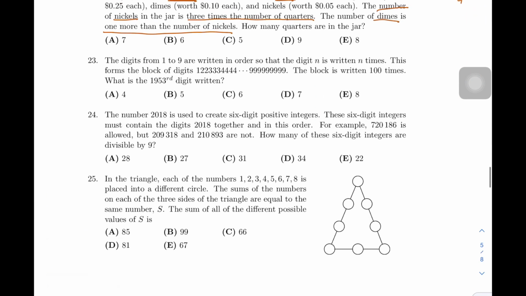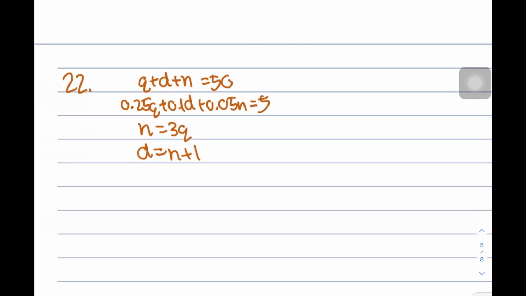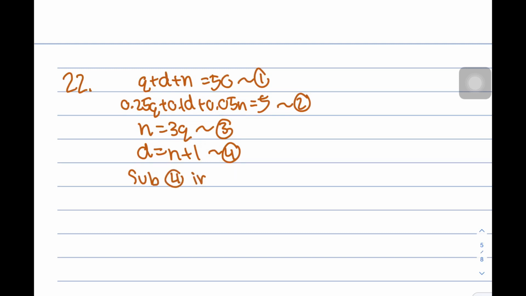So I'm going to move this down here so we have more space. This is question 22. So using the very first equation, I'm going to call this 1, this 2, 3, and 4. So the first thing I'm going to do is sub equation 4 into 3.